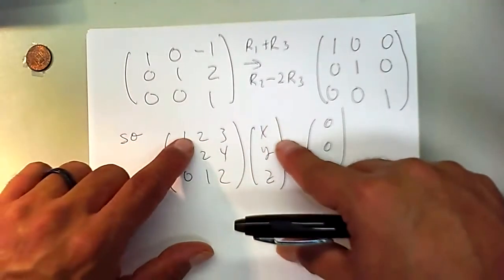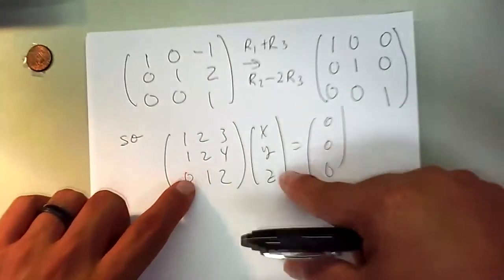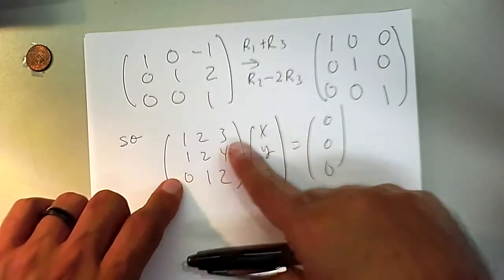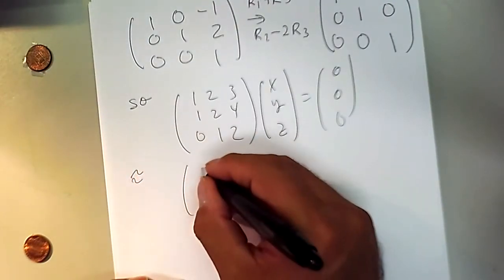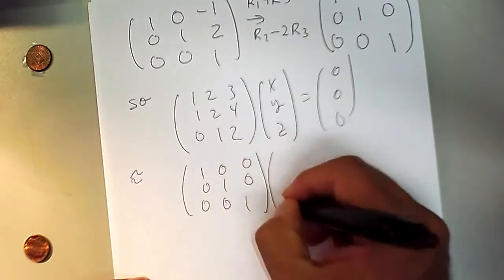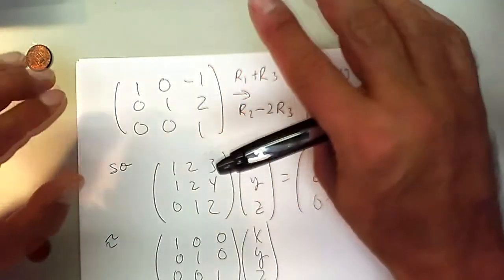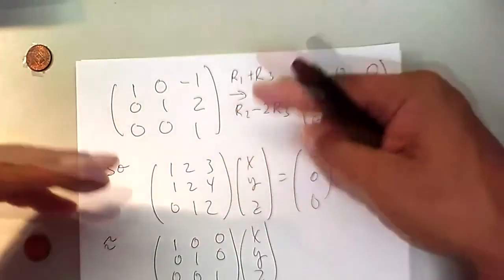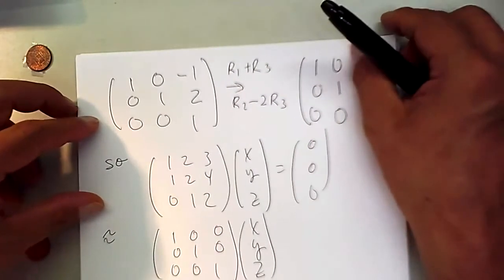Remember, that is x plus 2y plus 3z equals 0, x plus 2y plus 4z equals 0, and y plus 2z equals 0. That is equivalent to 1, 0, 0, 0, 1, 0, 0, 0, 1 times x, y, z, because we did row operations without multiplying by 0 or dividing by 0. That is very important, which means we are just eliminating variables without actually changing the nature of the solutions.